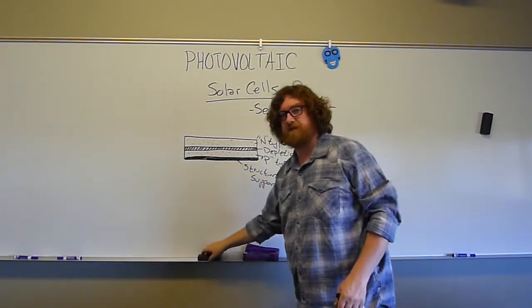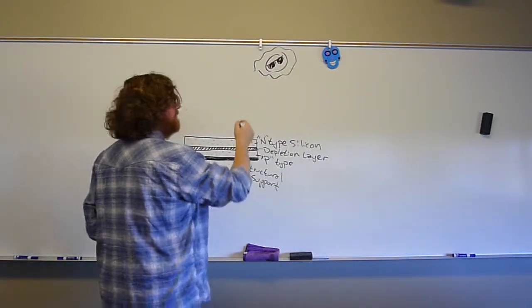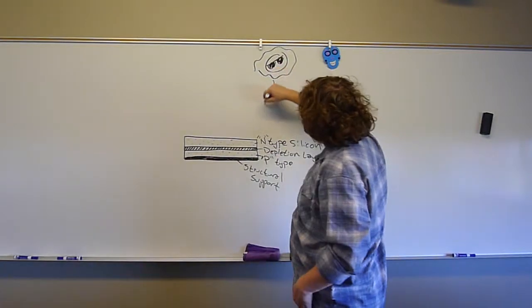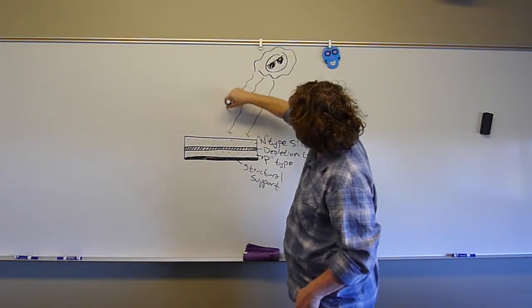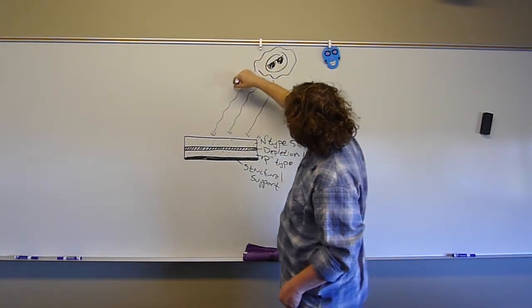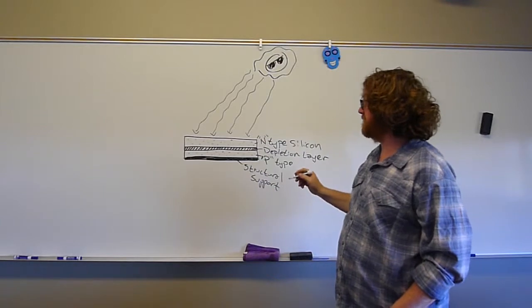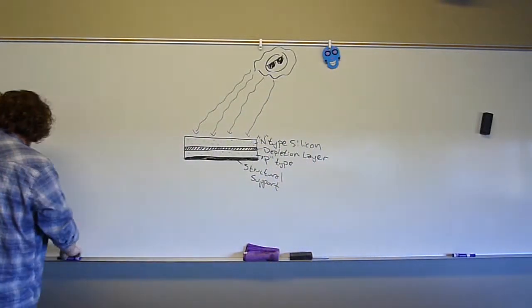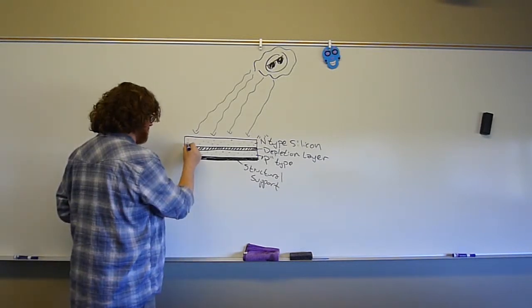We'll erase some of this stuff, and we'll put our sun in there. So when our solar radiation comes blasting in, essentially what it does is it dislodges electrons in our N-type silicone, right? Our semiconductor. So now we have a bunch of free electrons. I'm going to show those with a blue marker here, way larger than regular electrons.